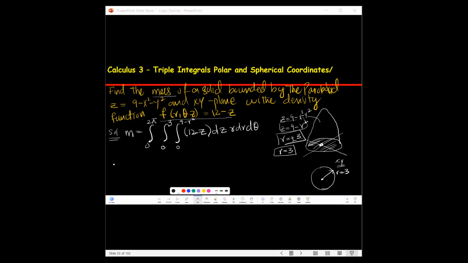Now it's fairly simple. Once you've generated these limits, it's easy to solve. 12z minus z squared divided by 2, from 0 to 9 minus r squared, r dr d theta.